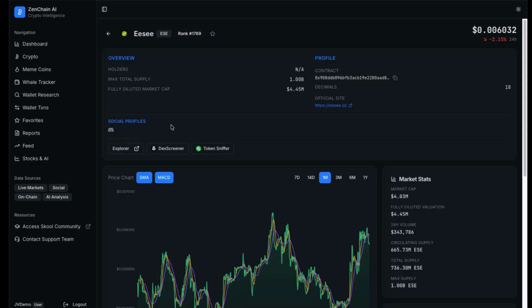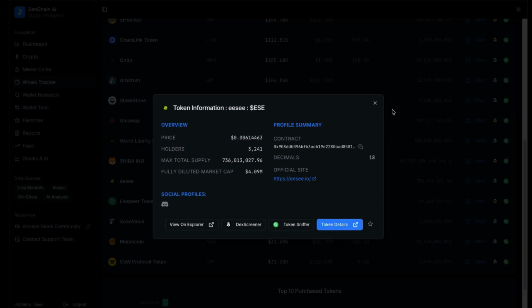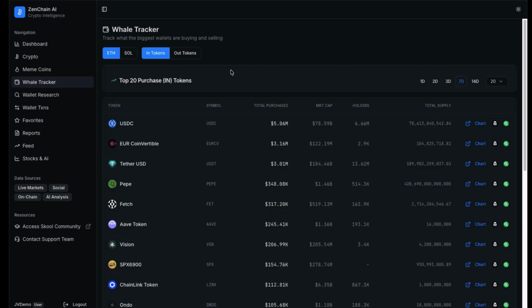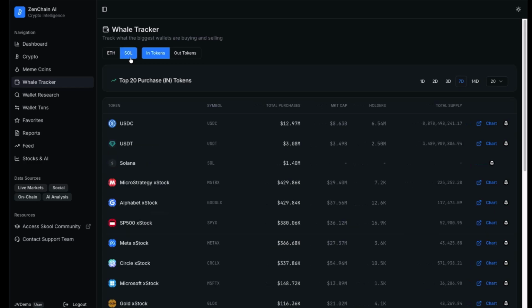Let me give you a quick example. Say ZenChain AI shows whales injecting $48,000 into a new token with only 3,000 holders. That's a strong signal. You can click one button, see the contract, charts, sentiment, and decide if it's worth swapping in. Or maybe the sentiment dashboard shows extreme fear in the market while whales are quietly accumulating Ethereum.